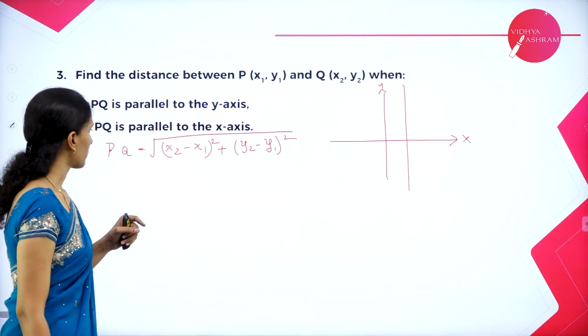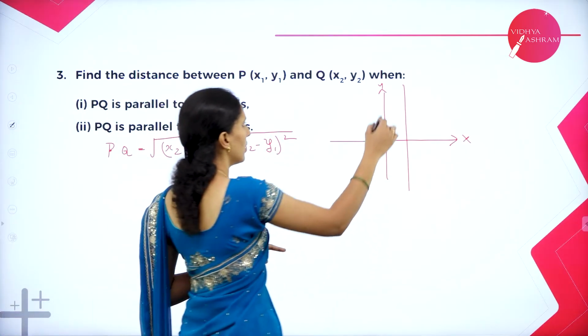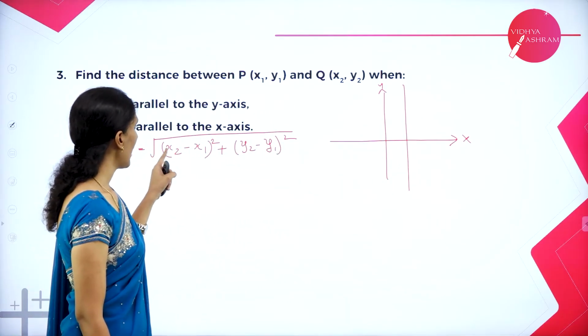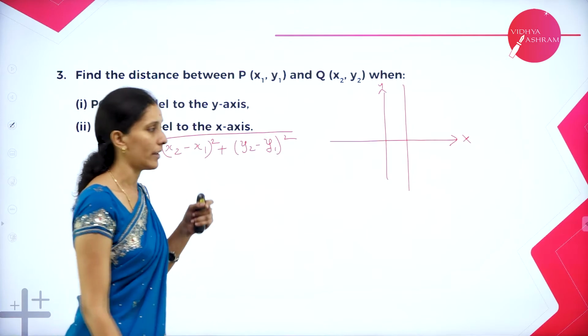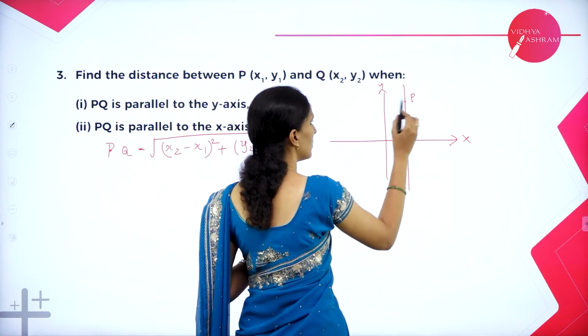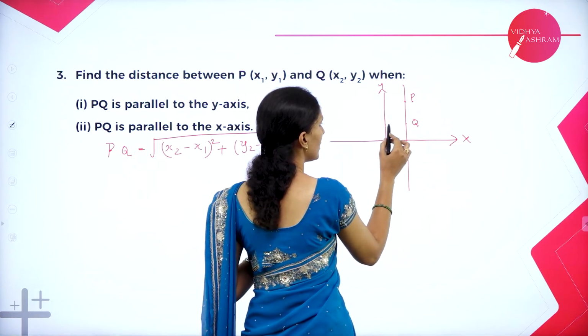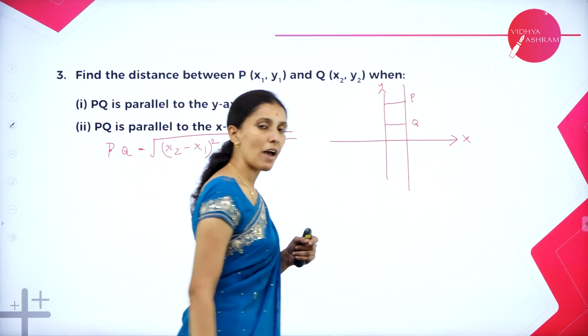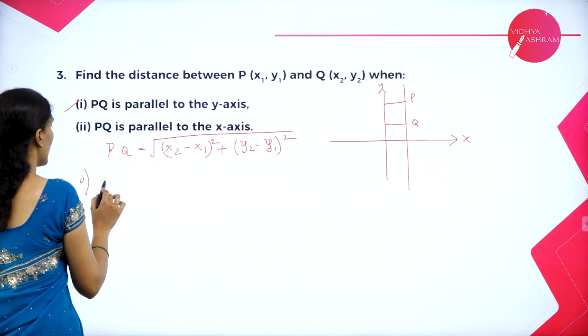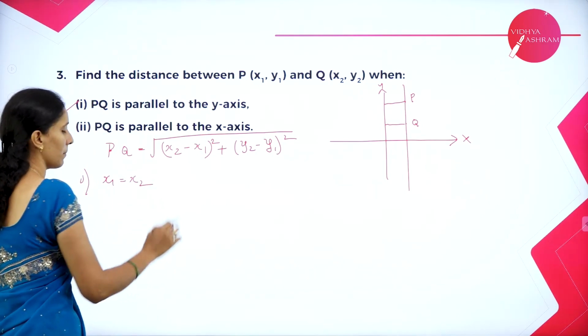Now, since the line is parallel to the y-axis, the x values of x1 and x2 will be the same. That is, suppose you have P here and Q here, what is the distance here? It is the same. That is, the value of x is the same. So for the first question, x1 and x2 are the same.